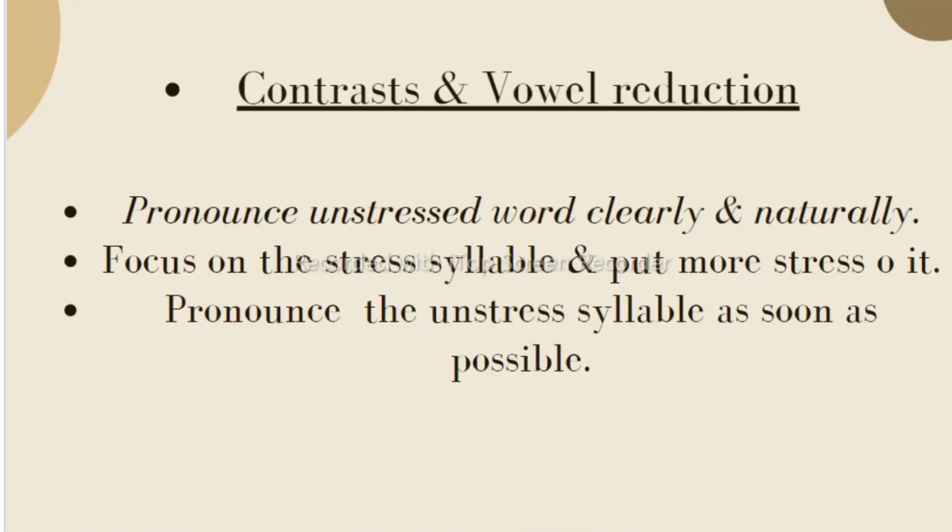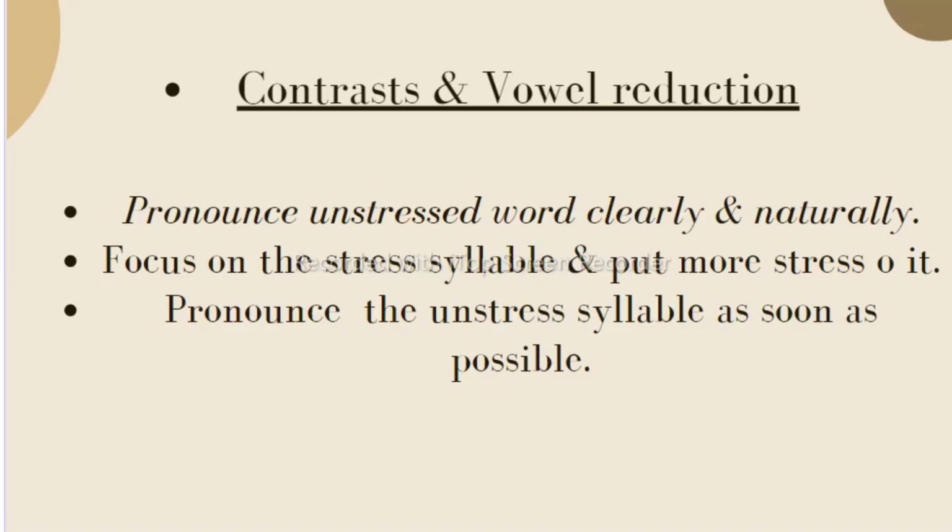Now the important thing: contrast and vowel reduction. That means when you pronounce word stress, it's not just about the stressed syllable, it also concerns the unstressed syllables. So remember, when you pronounce the stressed syllable, it should be longer, clearer, and higher.